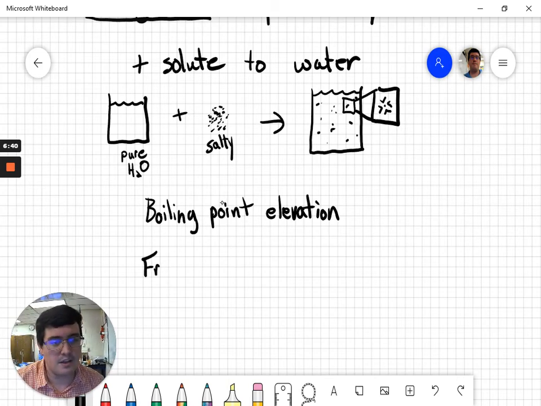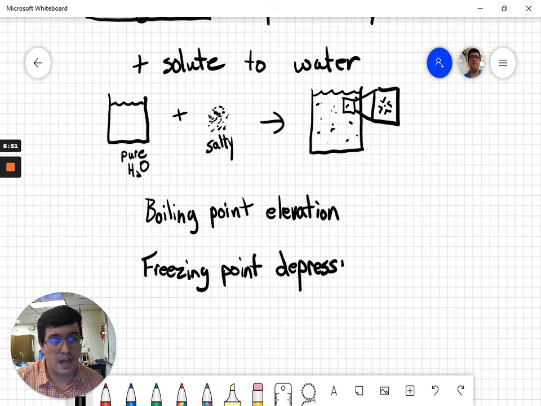Freezing point does the opposite. It becomes easier to stick those molecules together. And so we say boiling point undergoes elevation and freezing point undergoes depression.